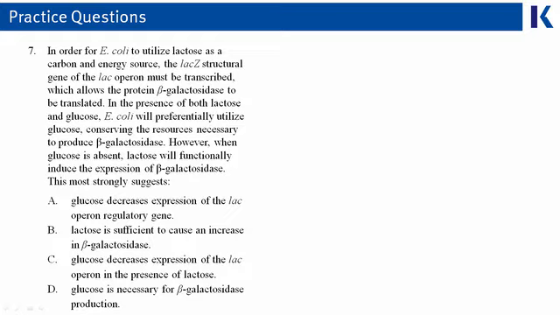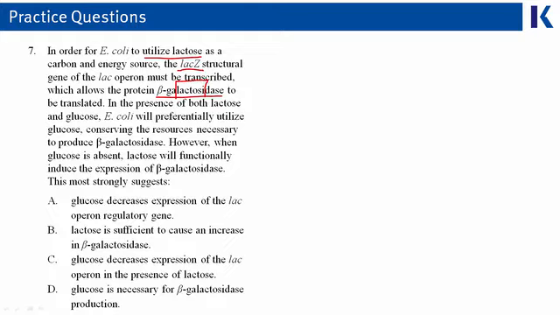It says that in order to use lactose, E. coli needs to transcribe the LAC-Z structural gene of the lac operon, and that lets beta-galactosidase get translated. Presumably, that protein, beta-galactosidase, then allows the bacterium to break down lactose. That is indeed why beta-galactosidase has the word lactose in it.